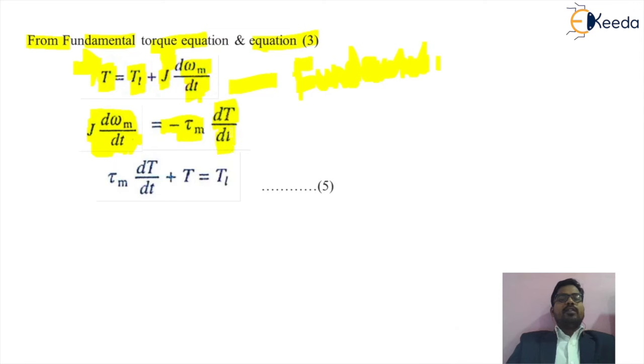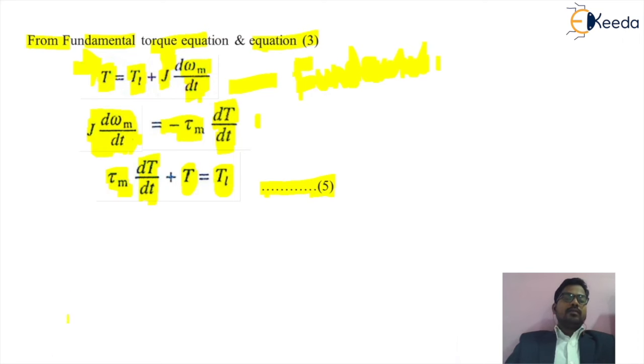So now we can get equation number 5: tau into dT by dt, the rate of change of motor torque with respect to time, plus T, the motor torque, is equal to the load torque TL. This will be treated as equation number 5 for your derivation.